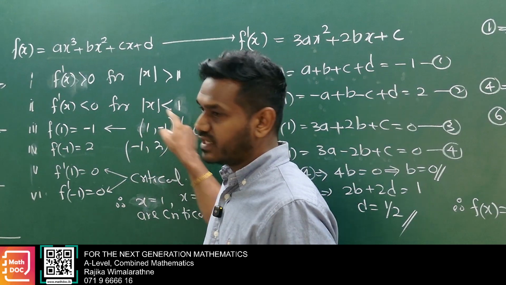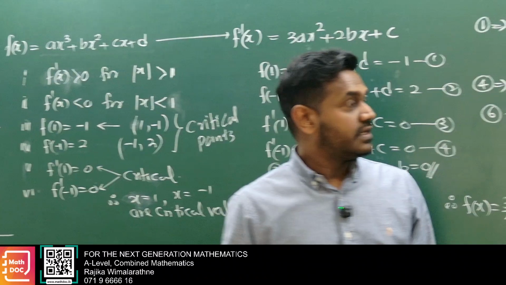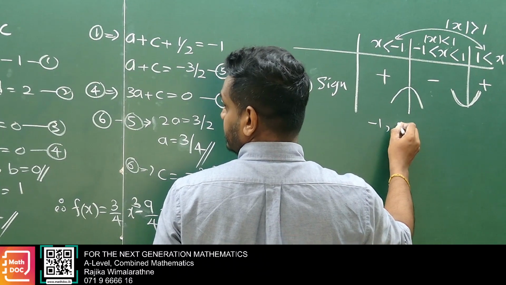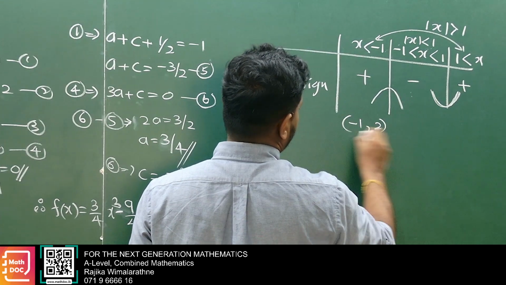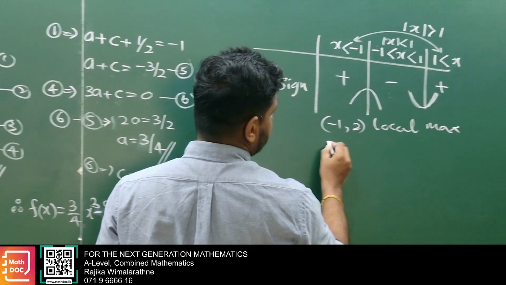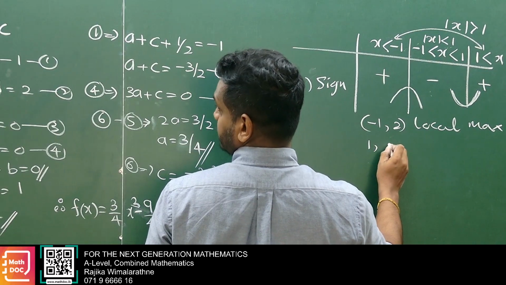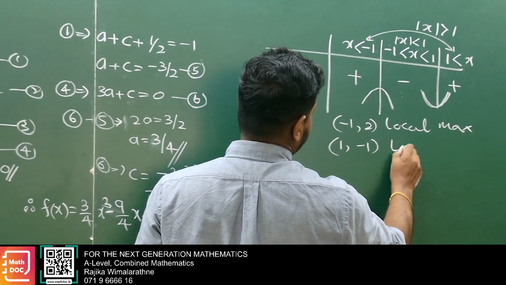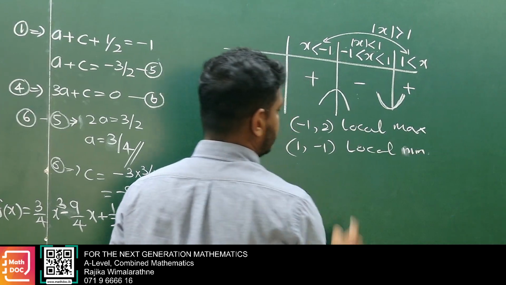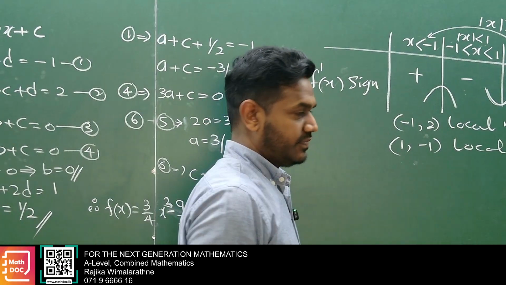You say these two are critical points. Then at critical point minus 1, 2 there is a local maximum, then at 1, minus 1 a local minimum.